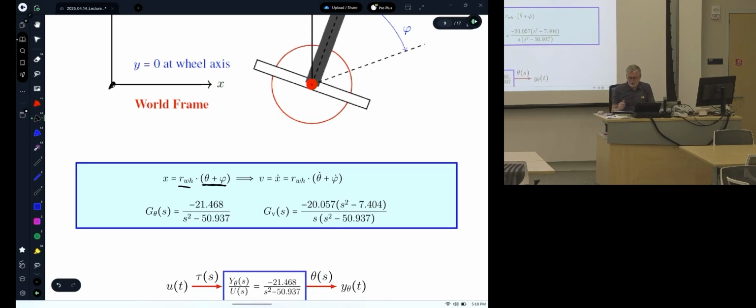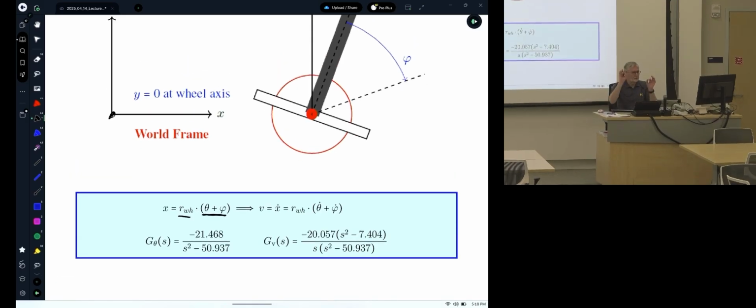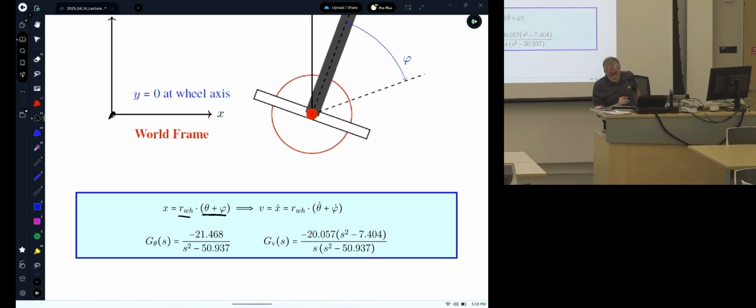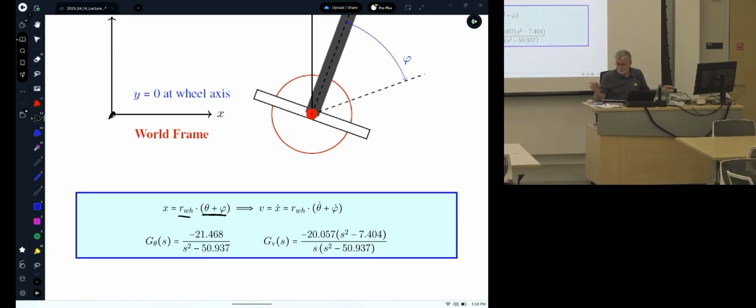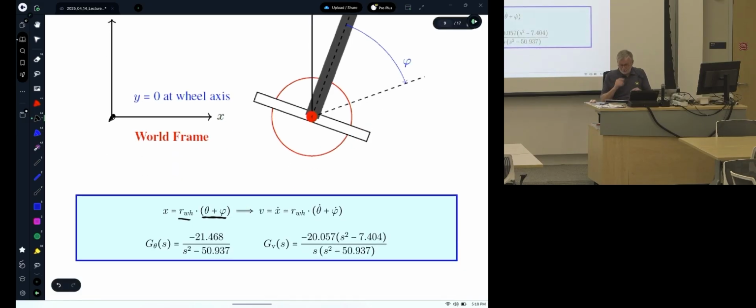So the x translation, and we're going to use the axle as the center of the Segway, makes sense, right? And so that is related to the absolute rotation angle of the wheel, which is theta plus phi. And so when I held theta at 0, the relative angle, and I changed phi, you saw that x moved, okay?